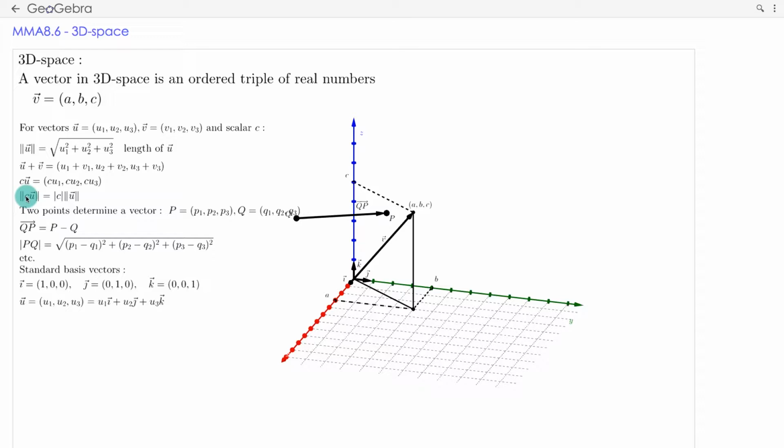If you take the length of C times U, it's just the absolute value of C times the length of U. Again, two points determine a vector, so you have a point P consisting of these three coordinates, and that point Q consisting of these three components. Then, as before, the formula for the vector from Q to P is just P minus Q, and the length is just like this, as before.